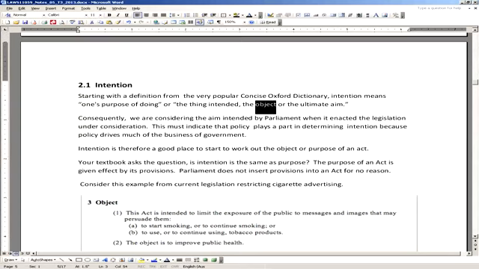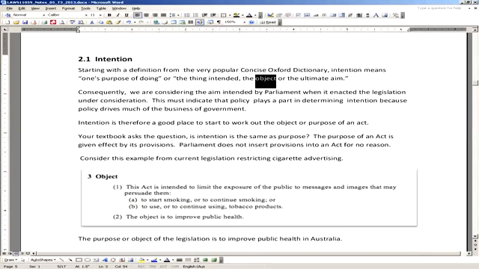It's a good way because if you look at most acts now, certainly in Queensland, they often will have an objects clause, an overarching statement: this act is there to provide for X, Y, and Z. It sets a parameter, it sets a theme, and really what it's setting is an intention. It's Parliament saying, why did we pass this legislation? What is it intended to achieve?